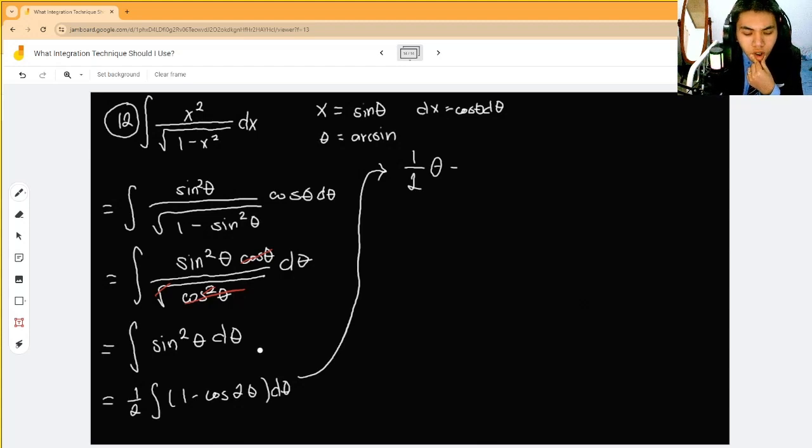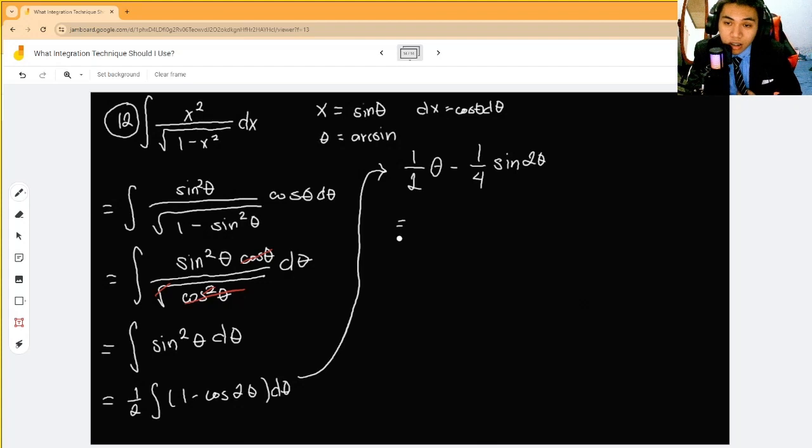Yeah, I think we can do something about this. So this is 1/4, and this 1/4, since that becomes negative, you can refer to the solution in number 7 from earlier. It's 1/4 sine of 2 theta. Okay, and now we know that theta is arcsine, so 1/2 theta is arcsine.